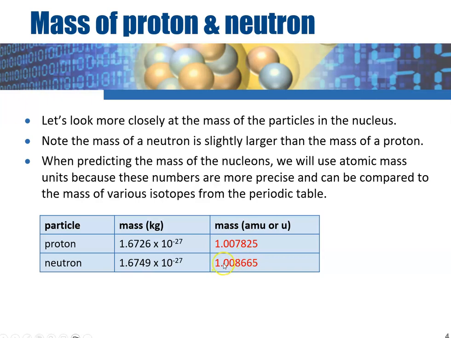Number 1, there are more decimal places here so that we can get a more precise answer. And we are going to want to be able to compare these masses to the mass of a nucleus from the periodic table or from a reference chart that is in atomic mass units. So we're going to start by looking at the mass of these particles in atomic mass units.